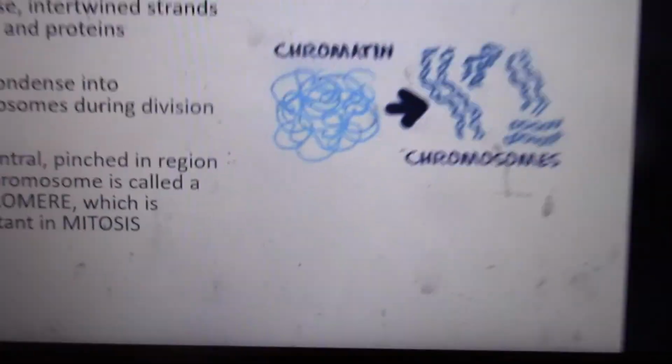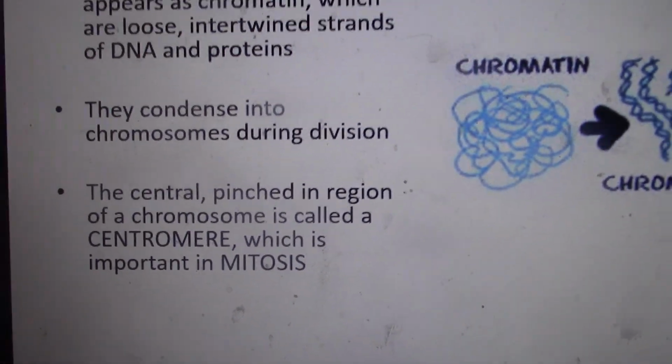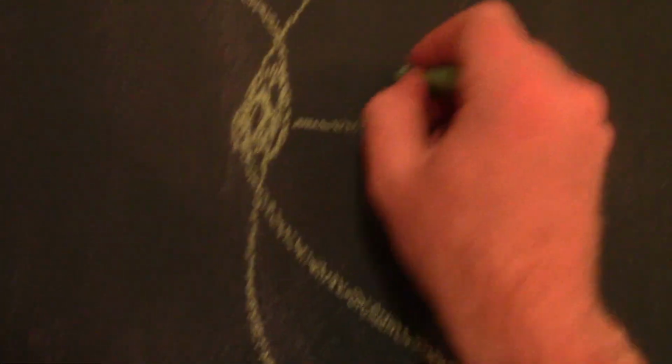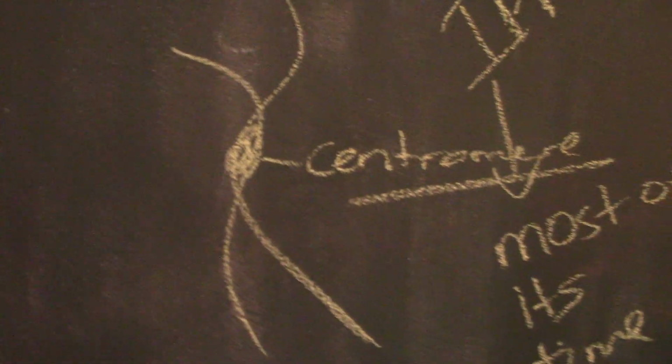Then we end up with these chromosomes with a little piece in the middle called a centromere. So this chromosome, or this piece of DNA material, will have a histone protein in the middle, and that's called a centromere. So the histones contract and bring all that DNA together. It's kind of like having twine on a bale of hay or something like that.